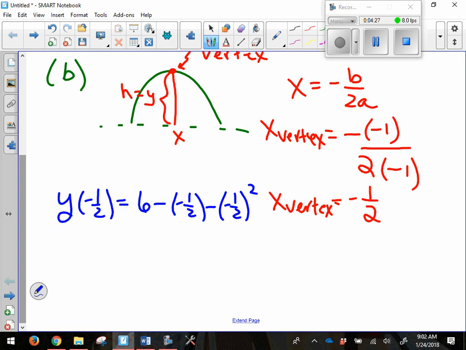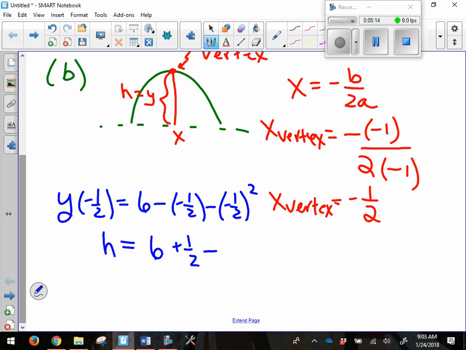And what do we get for the height? Well, you've got 6 minus a half gives you plus a half.